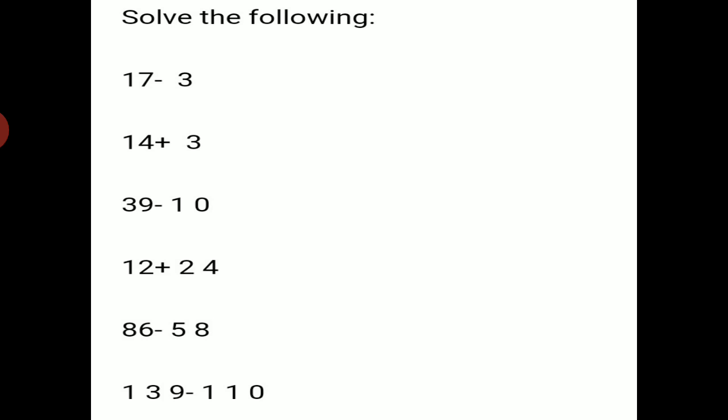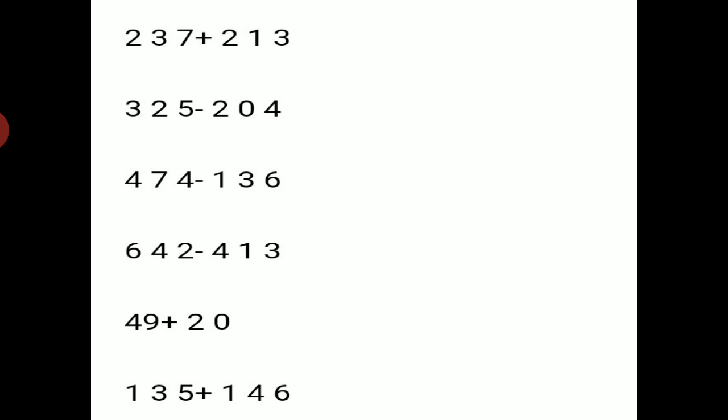Solve the following. Now here you are directly given addition and subtraction. What you have to do is first arrange them in the ones, tens and hundreds columns, and then do the addition or subtraction. Here also are some questions.